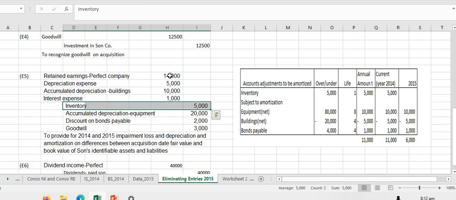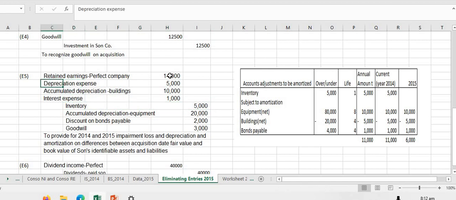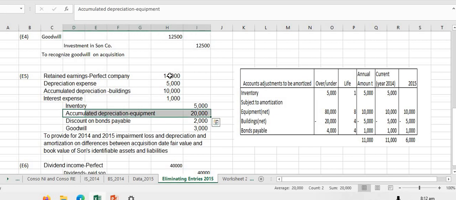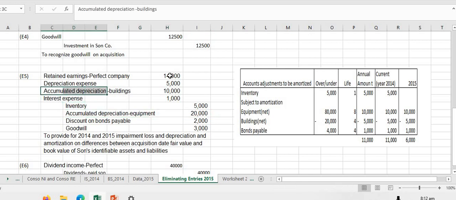For the equipment, right? There's 10,000 this year and then 10,000 previous year. So that's actually 20,000. That's why we have accumulated depreciation of 20,000. For the building, that's actually 5,000 for this year, then 5,000 last year. That's why we have accumulated depreciation of 10,000. Again, the last year's amortization, we've recorded here in the retained earnings account.